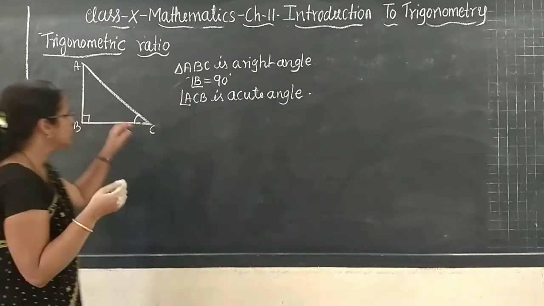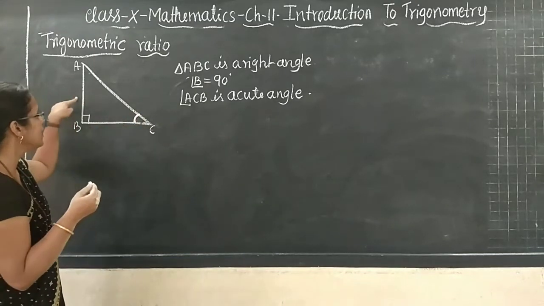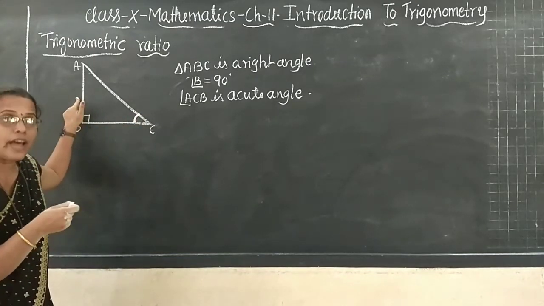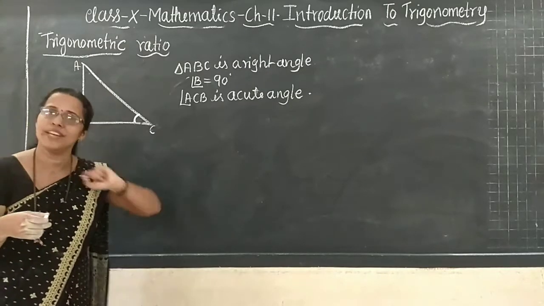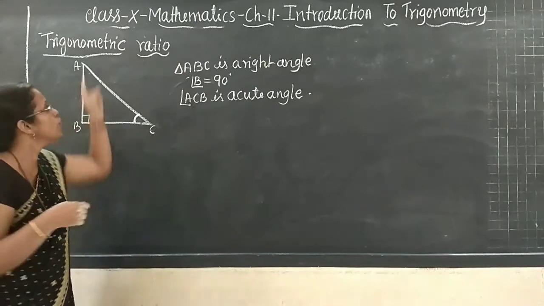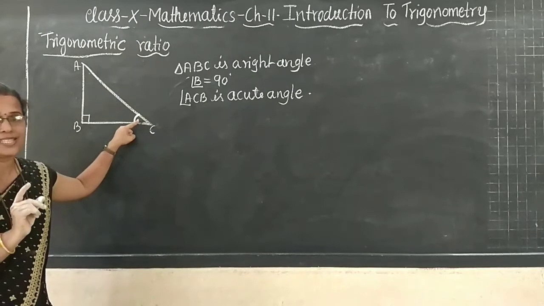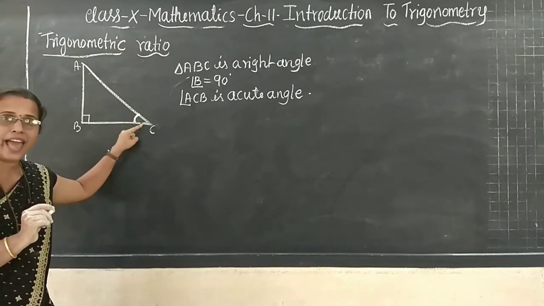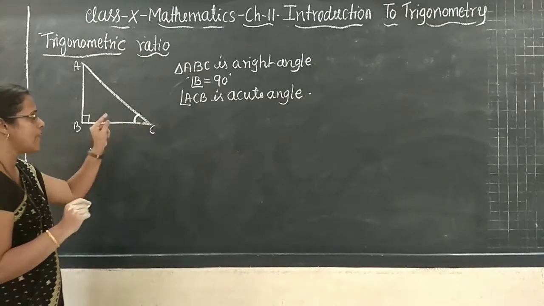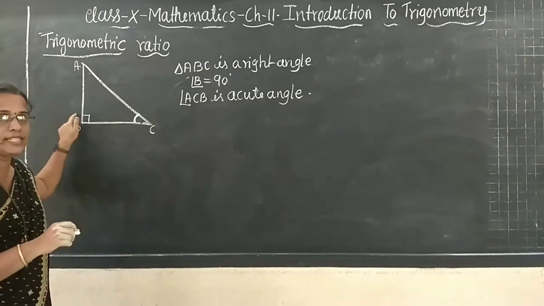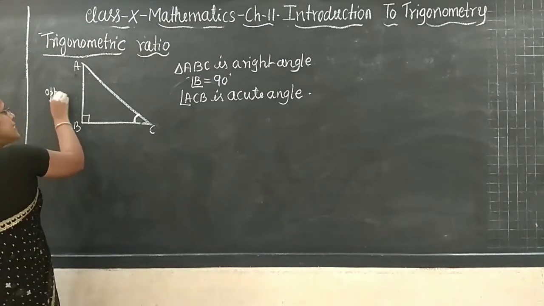Okay, so the angle I mark, the side in front of it is very very important for us. All these three sides have names that you have to understand first to write trigonometric ratios. So with respect to angle C, marking is very important, children. See now, angle C, in front of which side is there? AB. Yes, that is called the opposite side.